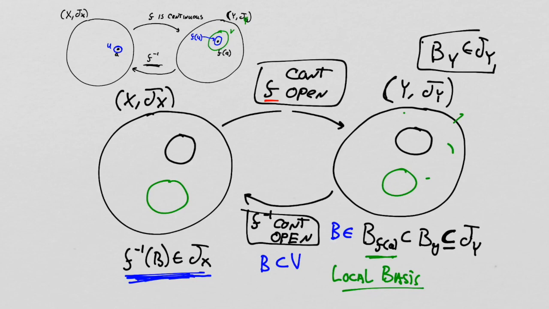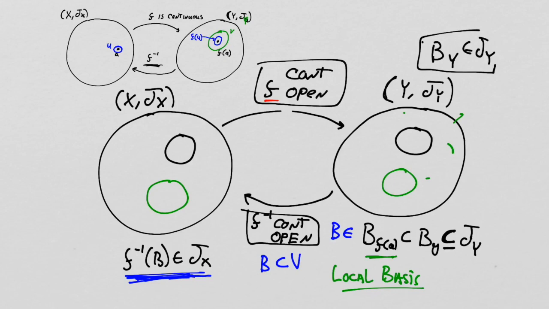So once you have a topological space and these continuous and open functions, you're basically taking the topology of X and turning it into the topology of Y directly using this function. And likewise, you're taking the topology of Y and turning it into the topology of X. That's a very strong statement.